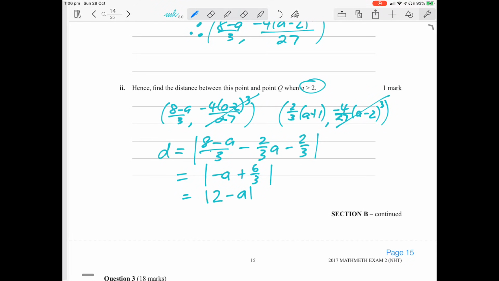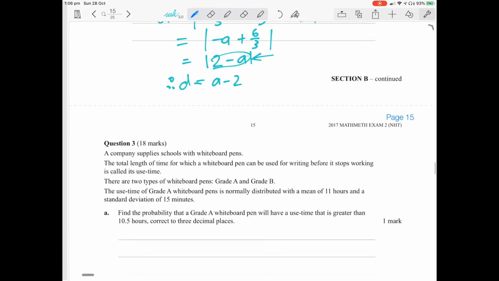But we know a is greater than 2, so that's going to be negative. So therefore the distance is a minus 2. Because if a is greater than 2, then that whole thing is going to be negative, but I want the magnitude of that to make it positive, so it's going to be a minus 2. It's got to become positive.